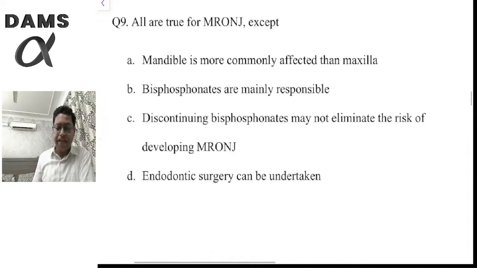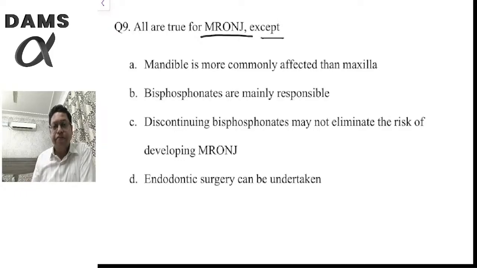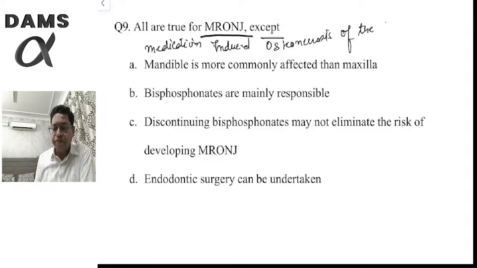Coming over to question number 9. All are true for MRONJ except. Now what is MRONJ? You should know that it is medication induced osteonecrosis of the jaw, and it is most commonly associated with bisphosphonates.